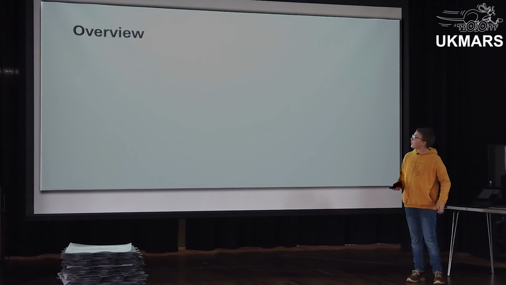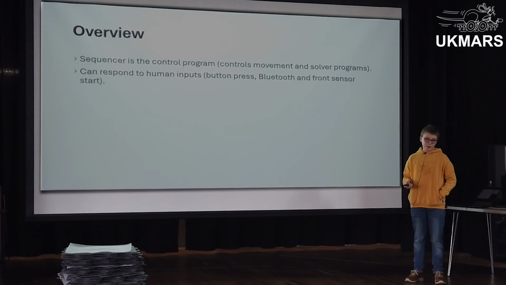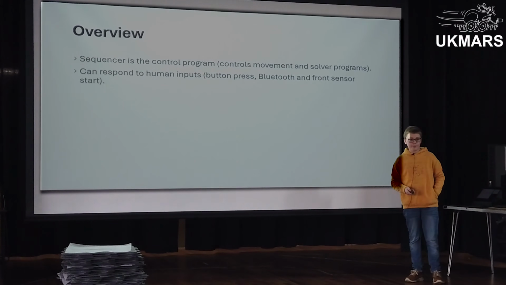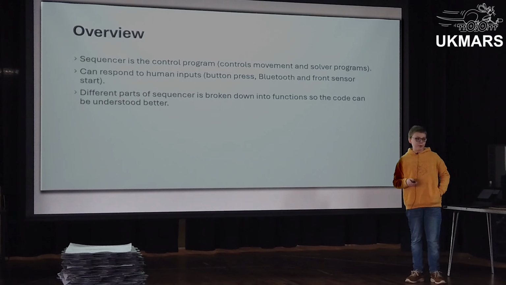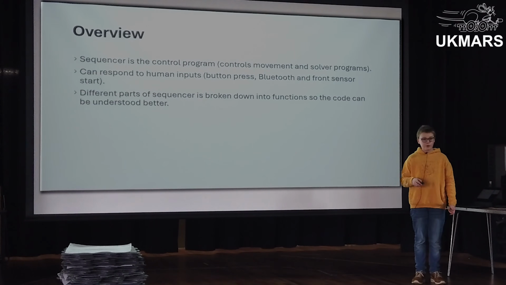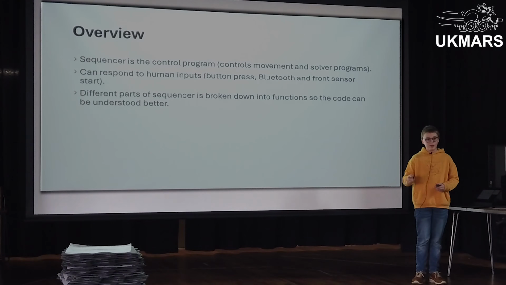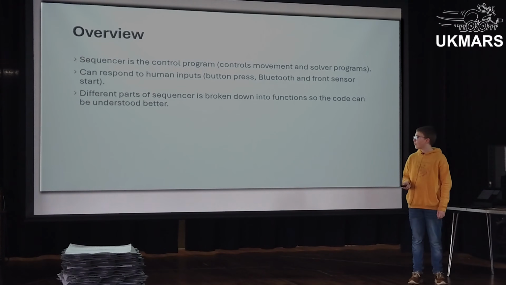So Sequencer is the control program, so it controls all the other programs. It can respond to human inputs, such as button presses and a front sensor start. Different parts of the Sequencer program are broken down into functions, so we can easily break down each part. The solver has its own function, and the part before starting the robot has its own function.